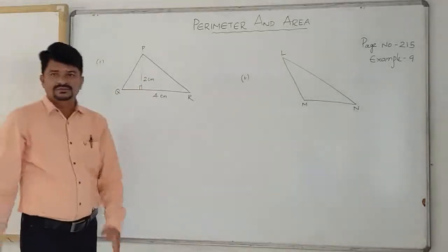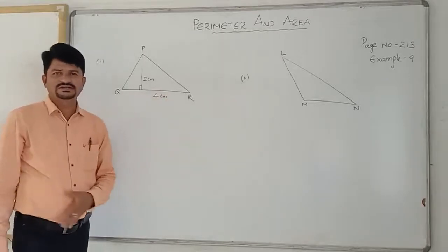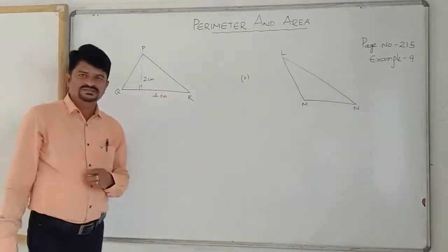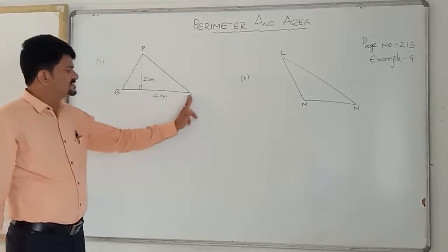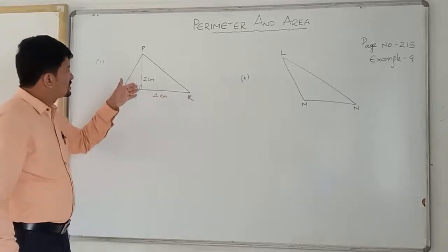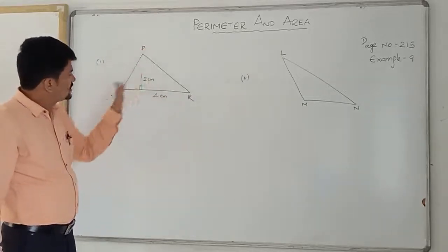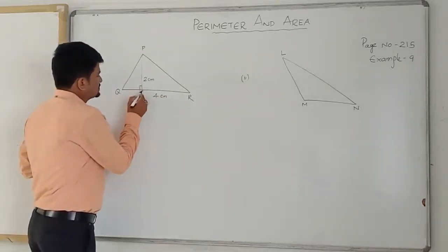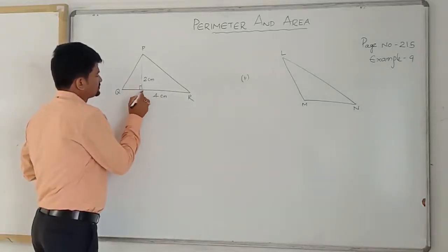Look here. We can directly apply a formula. What is the area formula? Half base into height. Here the base is 4 centimeters and the corresponding height to the base QR is PS, that is 2 centimeters. Am I right?